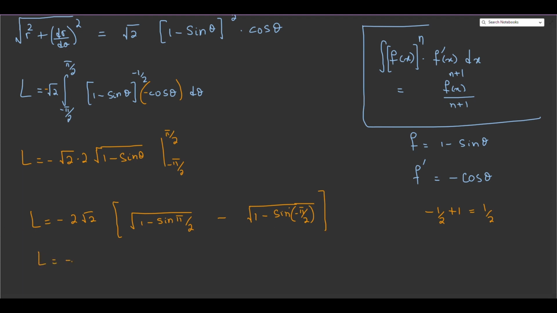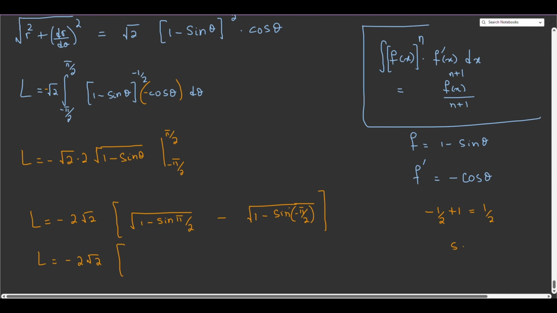So this is equal to minus 2 under the root 2, and since we know that sine pi by 2 is equal to 1, this first expression becomes 1 minus 1, which is equal to 0. But remember, sine minus pi by 2 will give you minus 1.